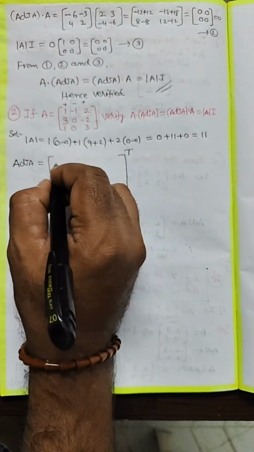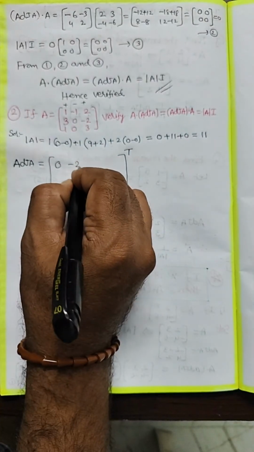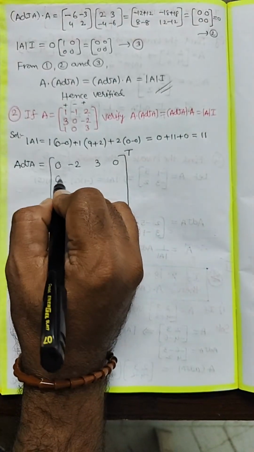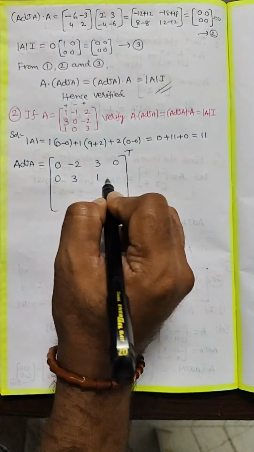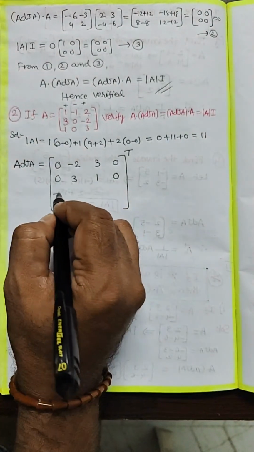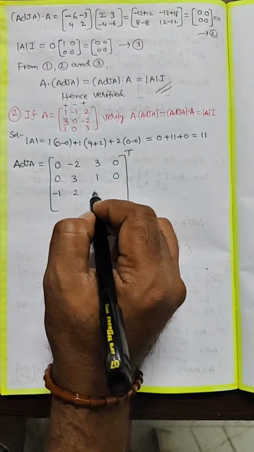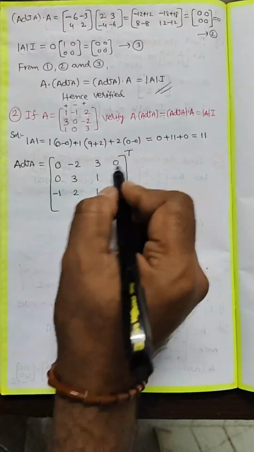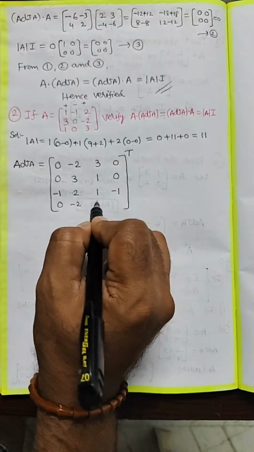A2 element. So 0, minus 2, 3, again 0. Next 0, 3, 1, 0, minus 1, 2, 1, minus 1. Next again first we have to write 0, minus 2, 3, 0.